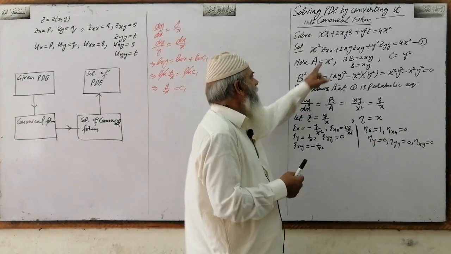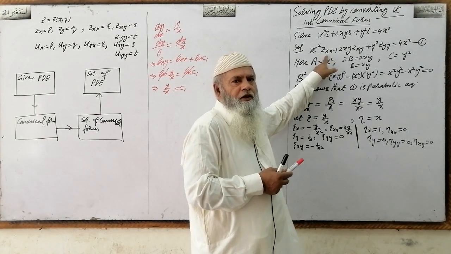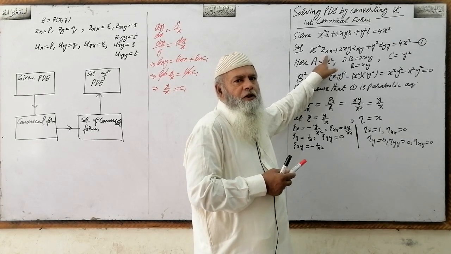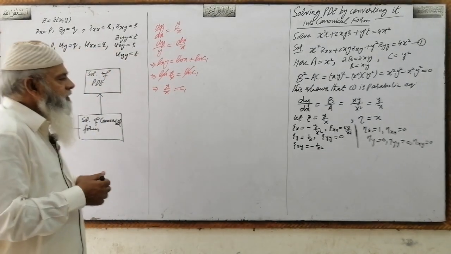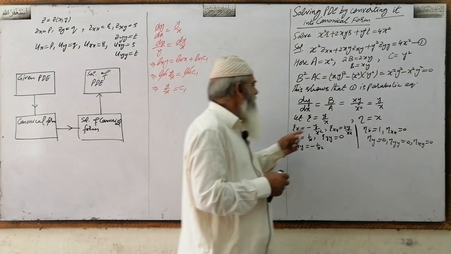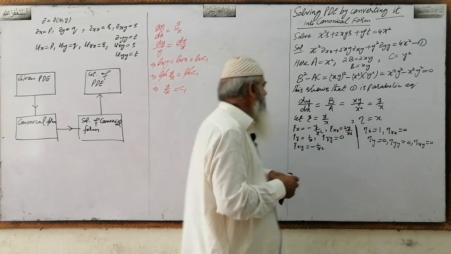Now we have to convert this second order partial derivative, which is a function of x y, into a function of xi eta. Why? Because we have considered xi and eta as other variables.